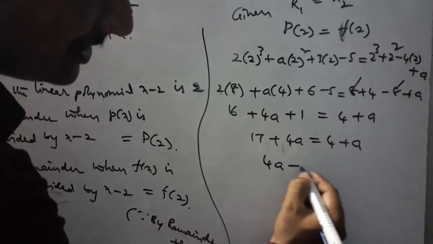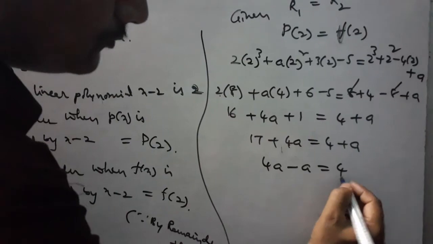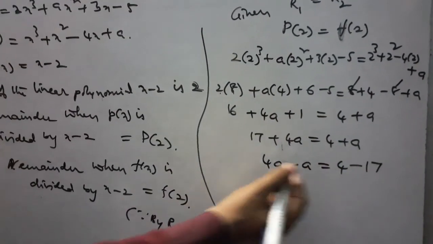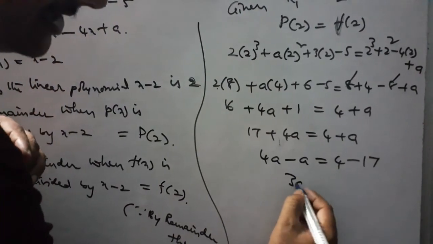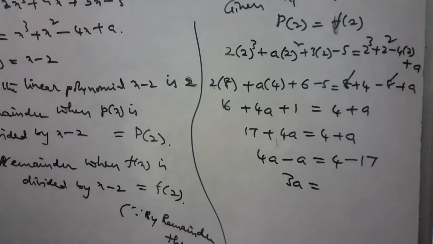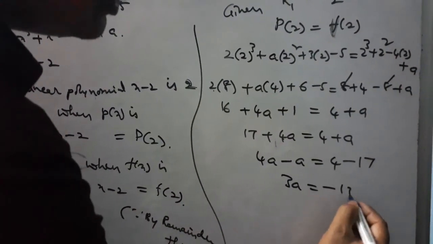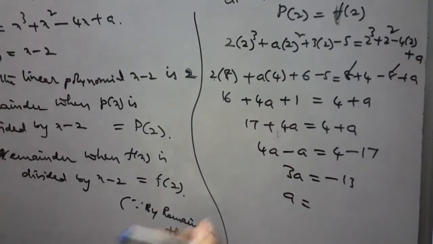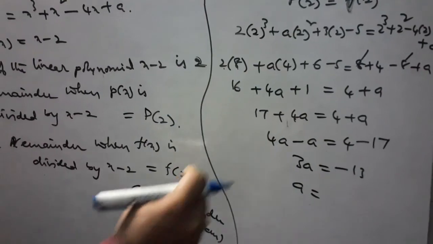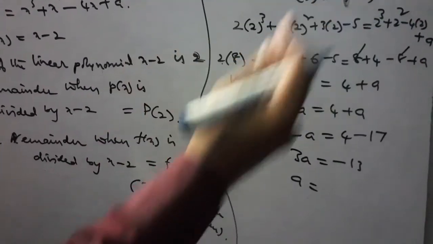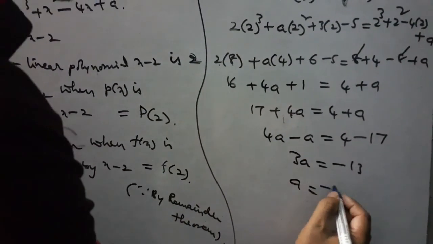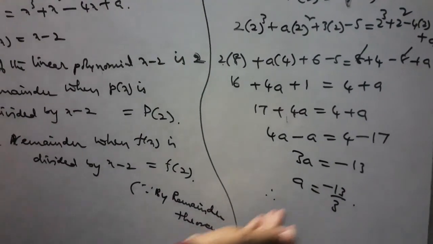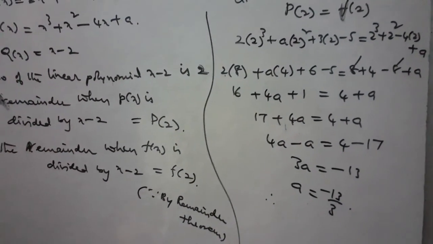So 4a minus a is equal to 4 plus, minus 17. 4a minus a becomes 3a is equal to 4 minus 17, that is equal to minus 13. So a is equal to, we have to transfer 3 also. 3 is a multiple of a. If you transfer it into right side, it becomes minus 13 by 3. So therefore the value of a is equal to minus 13 by 3.